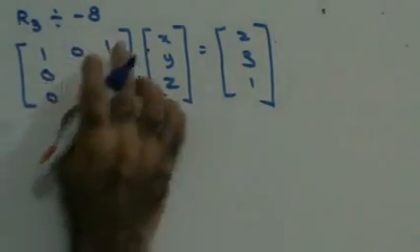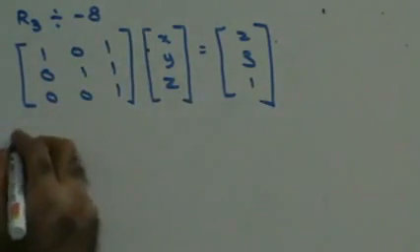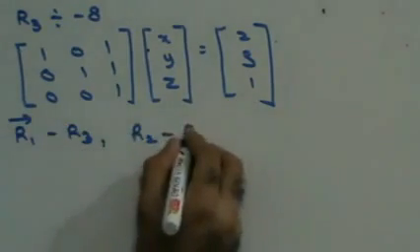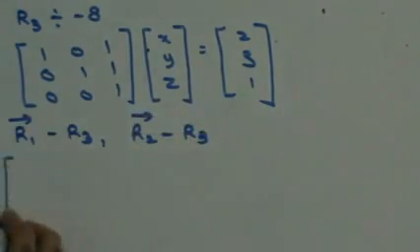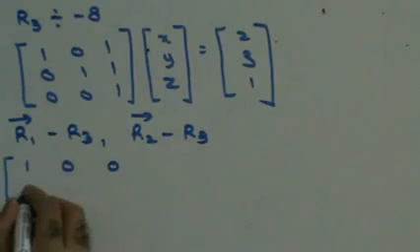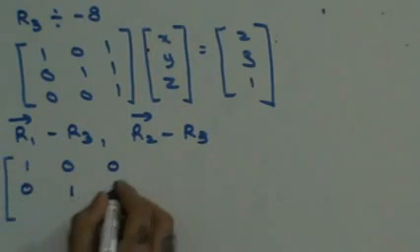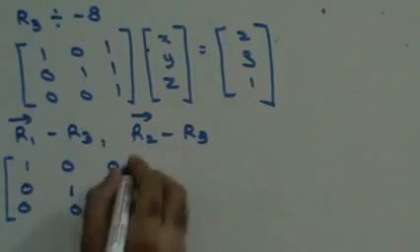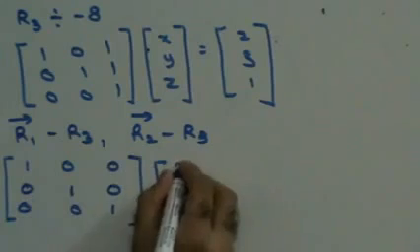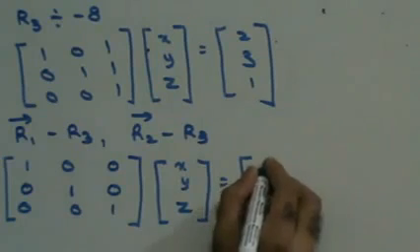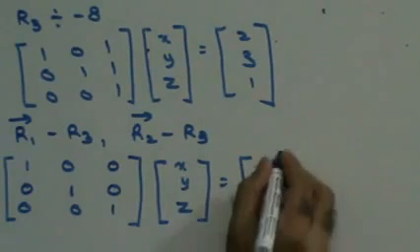Once I've done that, now I need to make the number in the 7th and the 8th position as 0. So this will be R1 minus R3 and R2 minus R3. In which case you will get 1 minus 0, 0 minus 0, 1 minus 1, 0, 1, 1 minus 1, that's 0, 0, 0, 1, times X, Y, Z is 2 minus 1, 3 minus 1, 1.